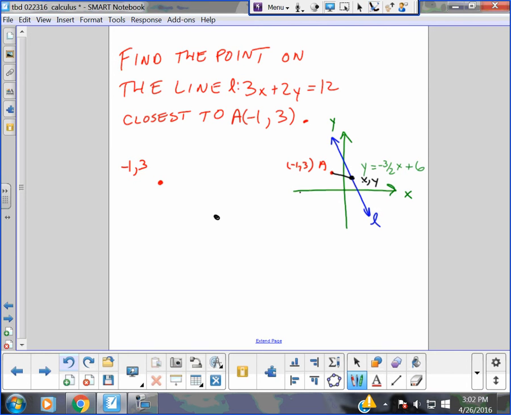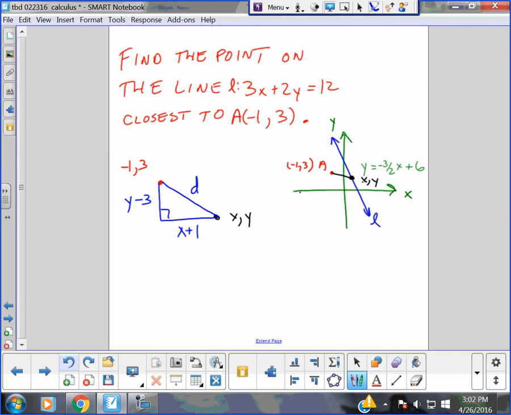I picture it being over here, some (x, y). And this is the distance d between the points. It's x minus negative 1, so x plus 1, and 3 minus y, or I'm going to write it as y minus 3, as the distances.